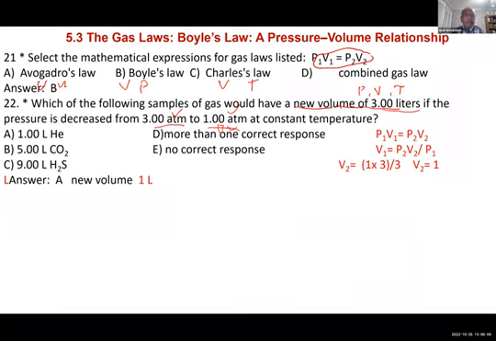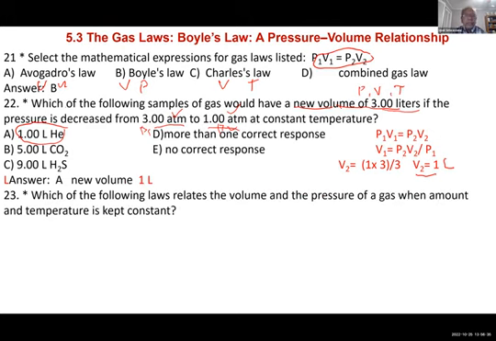They're asking what is the volume you start with. So V1 is the question. Therefore, P1 is 3. So when you do the calculation, you get volume is equal to 1 liter. This is the only one with 1 liter. So therefore, the answer is A.